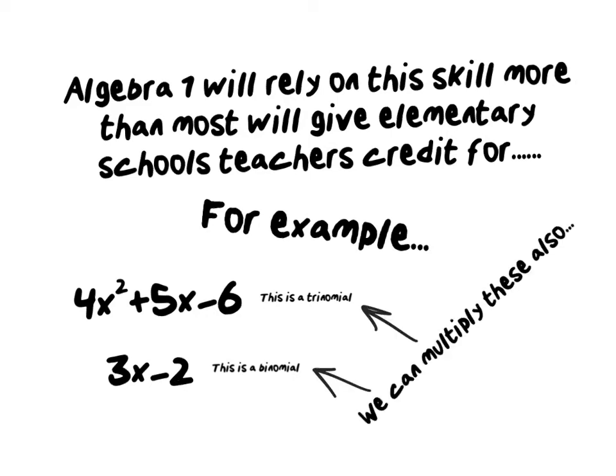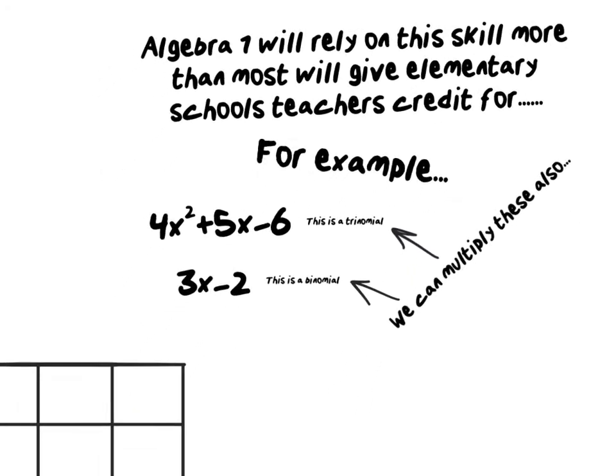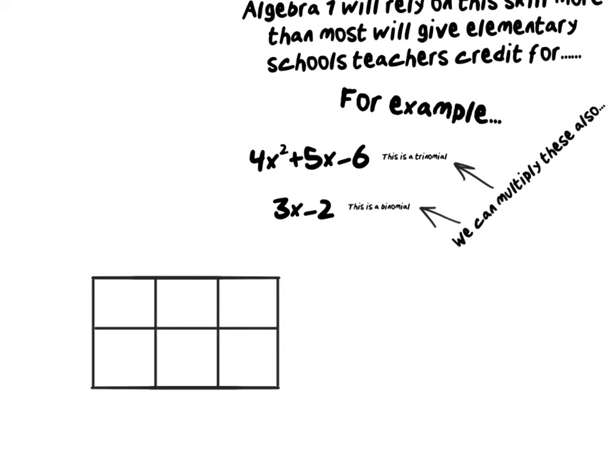And we can multiply these also. Notice how I placed the trinomial across the top and I separated them by each term. And notice how I placed the binomial across the side and I separated it by its terms also.